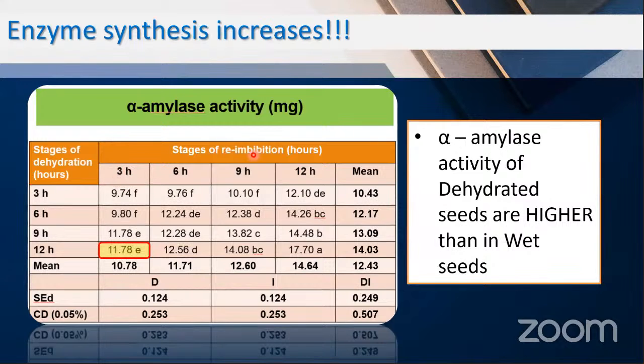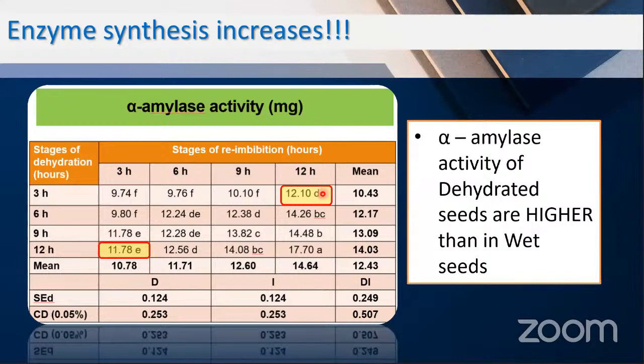Re-imbibition means the germination process. In the 3rd hour itself you get it, but with 3 hours of dehydration, that is more or less not at all dried, you need 12 hours of re-imbibition. So this happens in the 3rd hour, and this happens in the 12th hour.